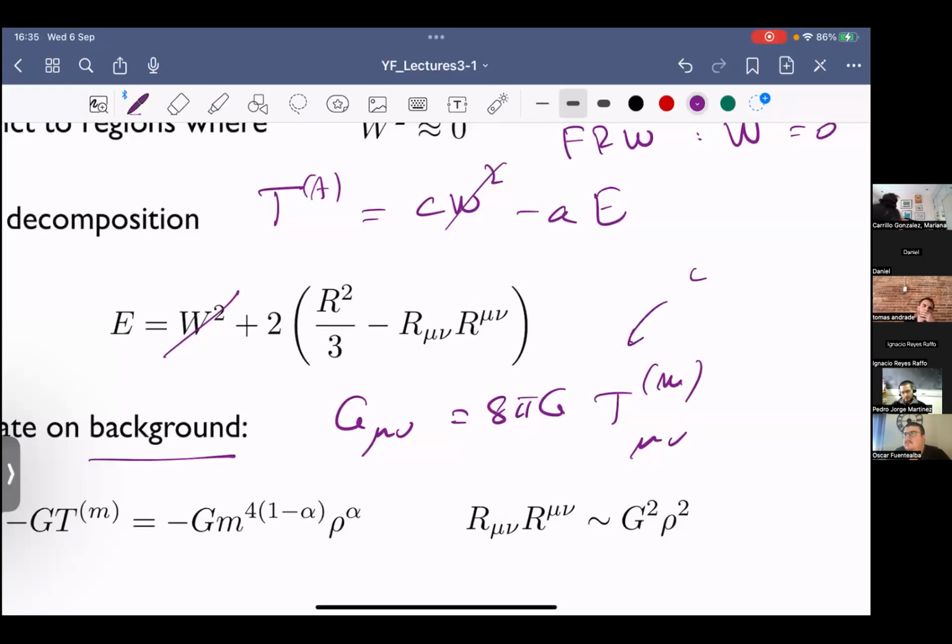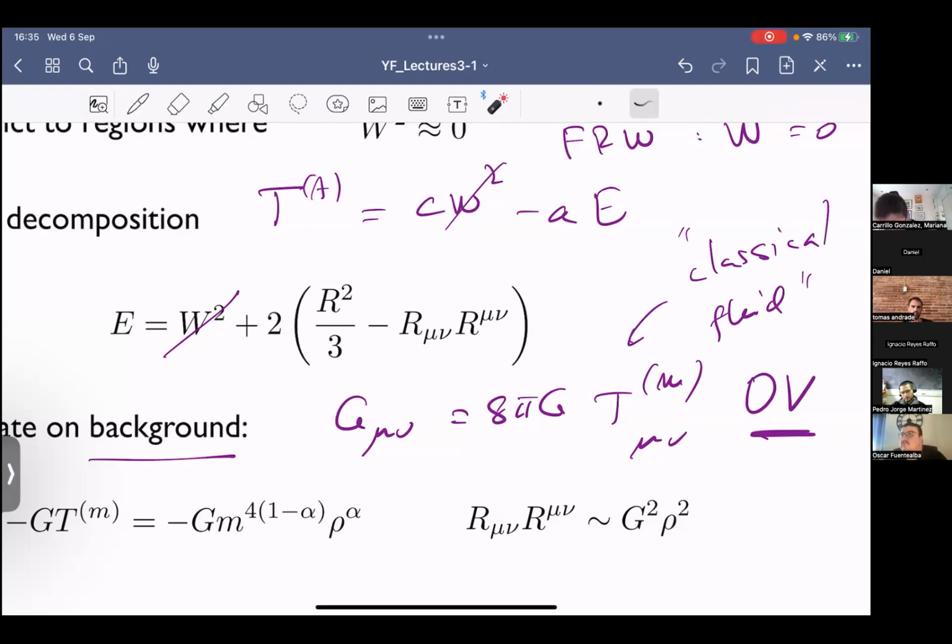So we take the classical fluid. That's one contribution to the matter, and that thing generates the geometry. In our example, this is the best thing to have in mind: we take the Oppenheimer-Volkoff solution that we've been talking about already. That provides the background, and on that background, we want to evaluate what the anomalous contributions are. Okay, it's a very simple calculation.